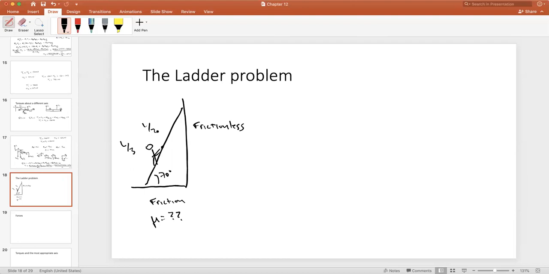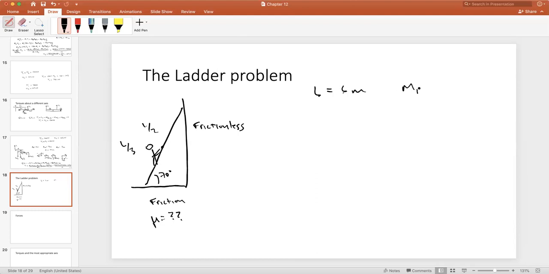Okay. So our job in this problem is to figure out, assuming he's not slipping, that the ladder's not falling at all, what is that coefficient of friction on the ground? And we're going to assume in this problem that the ladder itself is 6 meters long.